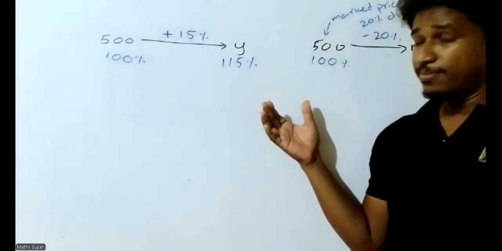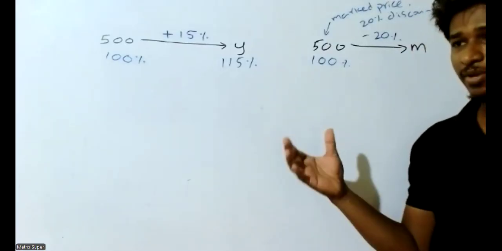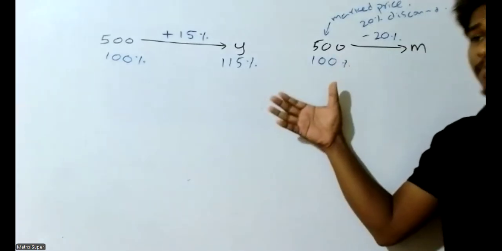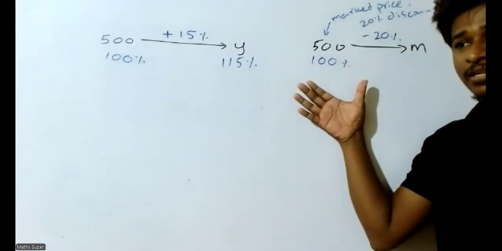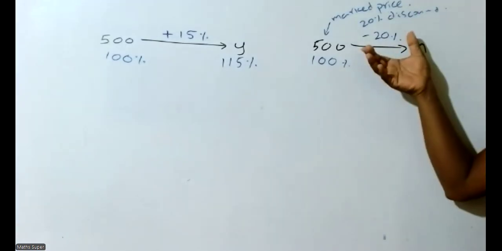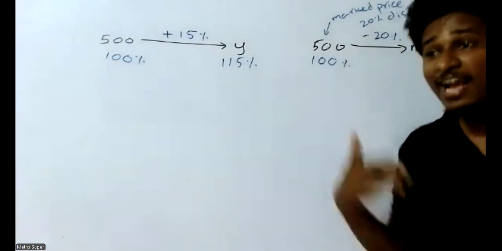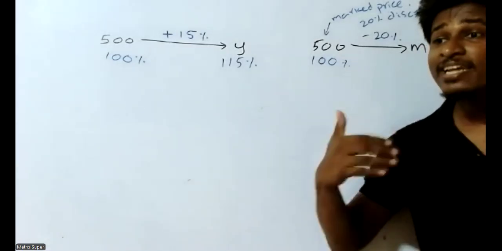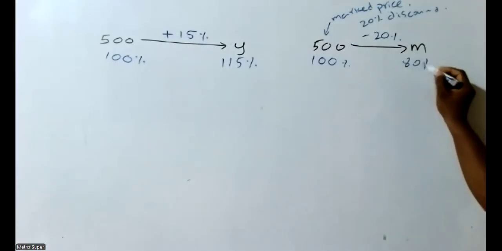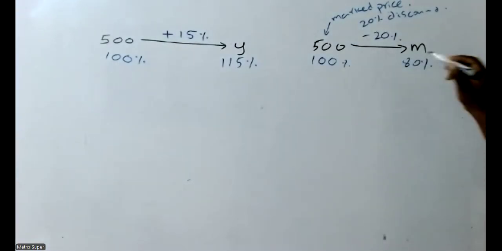When mom is going to buy, the price as a percentage, the initial mark price, is 100%. But when she is bargaining, there is a 20% price reduction. Now what is the price as a percentage? 80%. 80% is the price as a percentage.